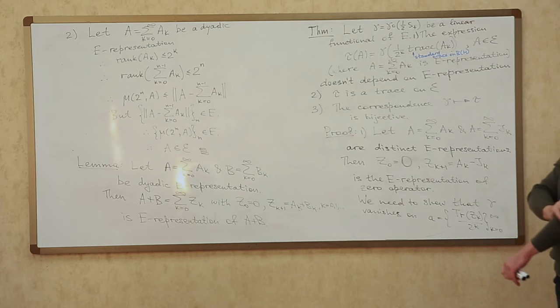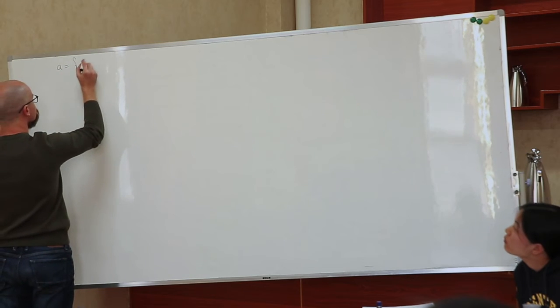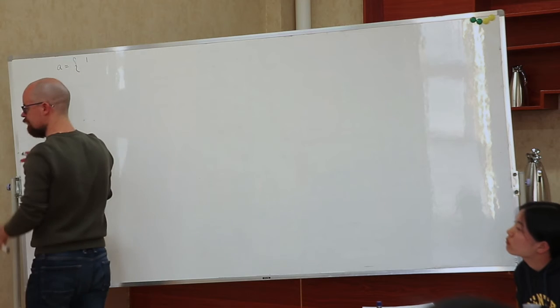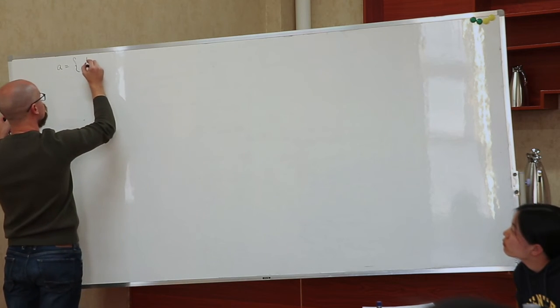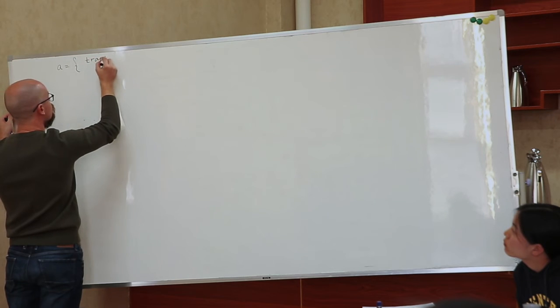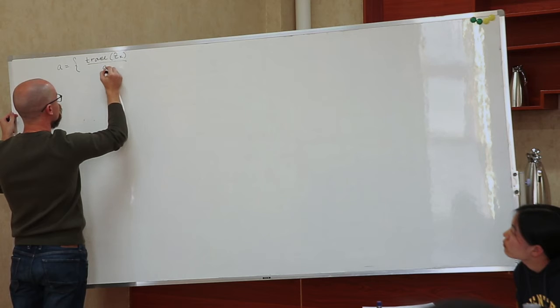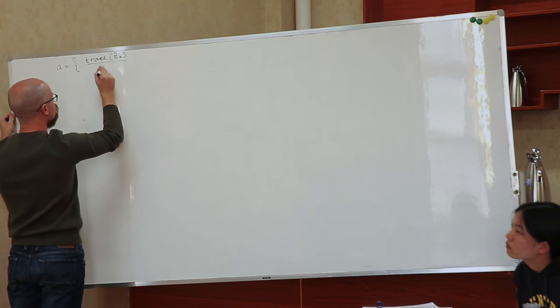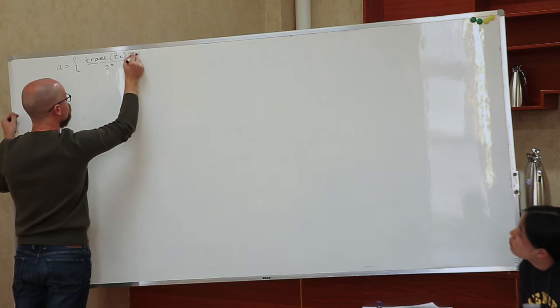And then we will show that regardless of the representation, we get exactly the same value of the functional. This is our sequence A. Yeah, I was writing trace in different ways. Let's go with one notation. This one: trace of Z_k over 2 to the k.